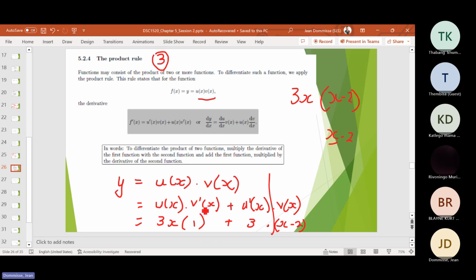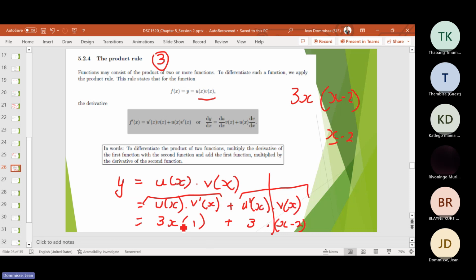What I like about this is, if you did that part first and then this part, it wouldn't have mattered. You will get exactly the same answer. With the product rule, there's no way to say we must do this one first and then the other one second. It's basically the one function times the differentiation of the other function, plus the differentiation of that first function multiplied by the second function.